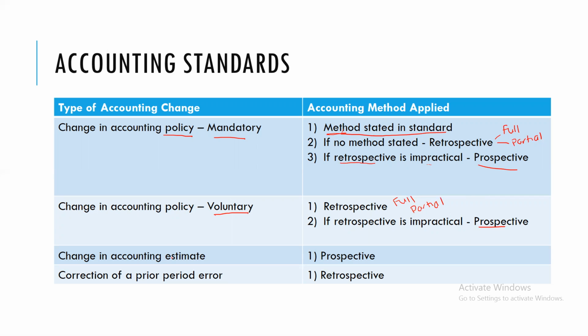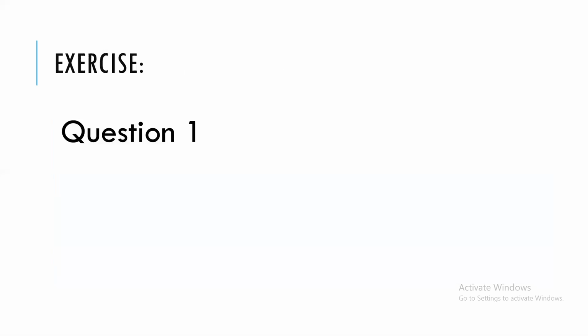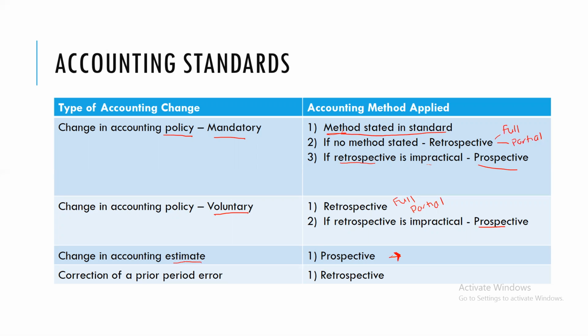If there's a change in accounting estimate, so going from 5% uncollectible AR to 10% uncollectible AR, you deal with that prospectively. So going forward, you just make that change. The reason for this is because the changes are based on new information or new experience with the company.